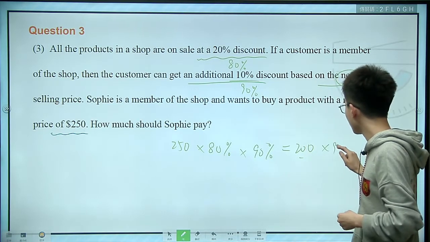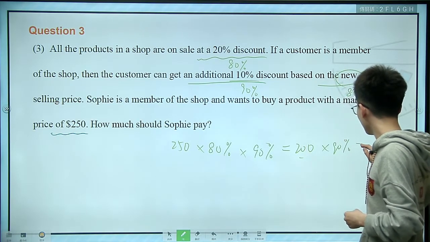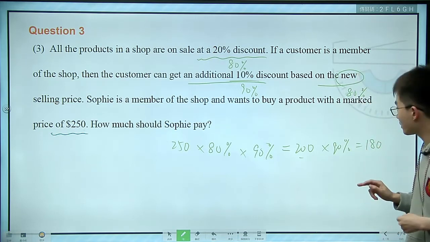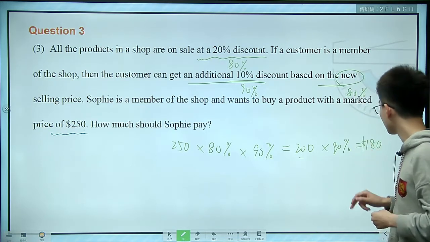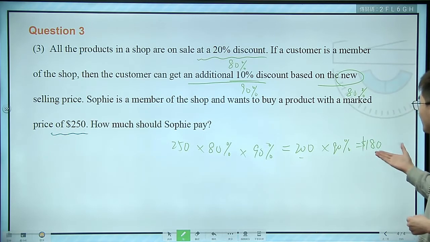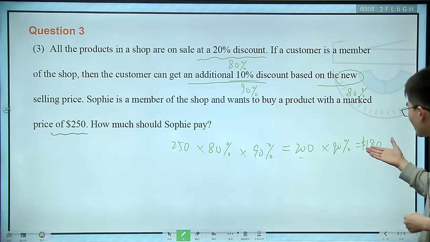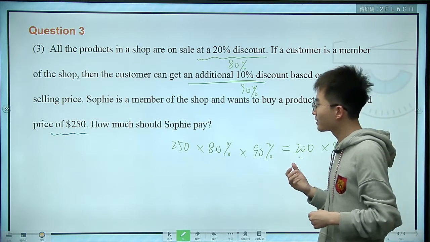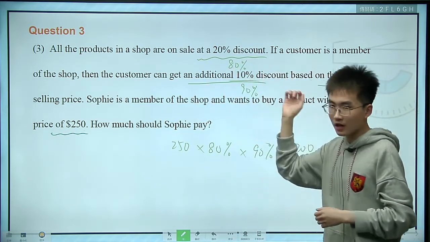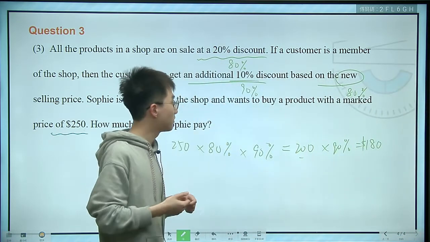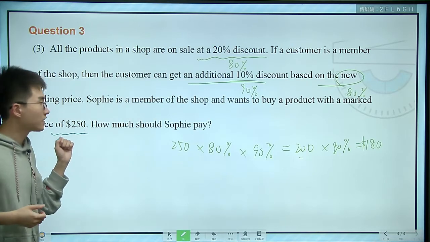And you times 90%, it equals $180. Also, don't forget the unit. So it will be $180.